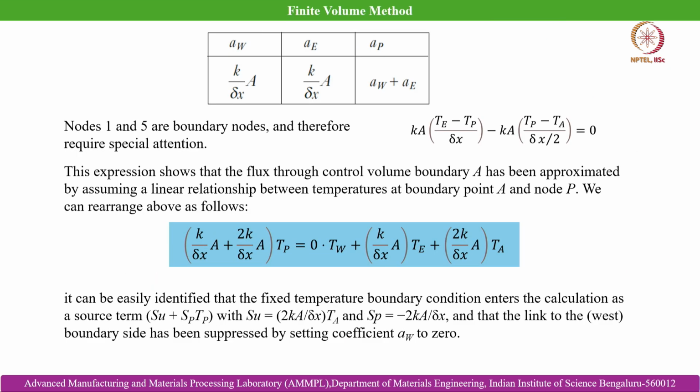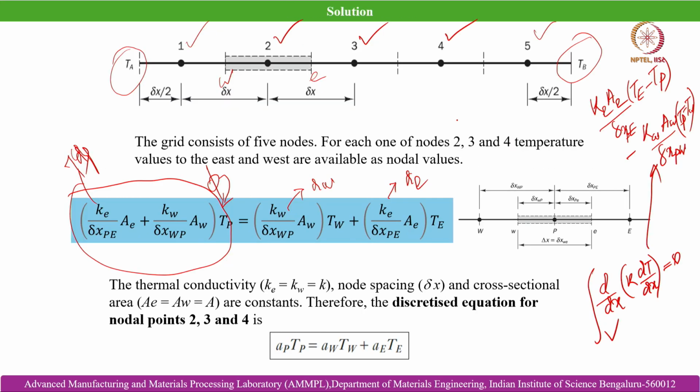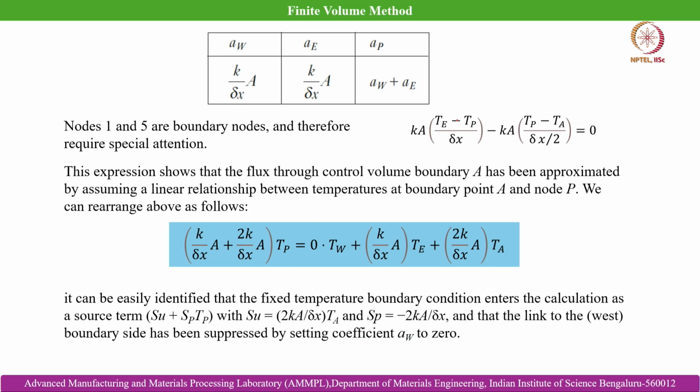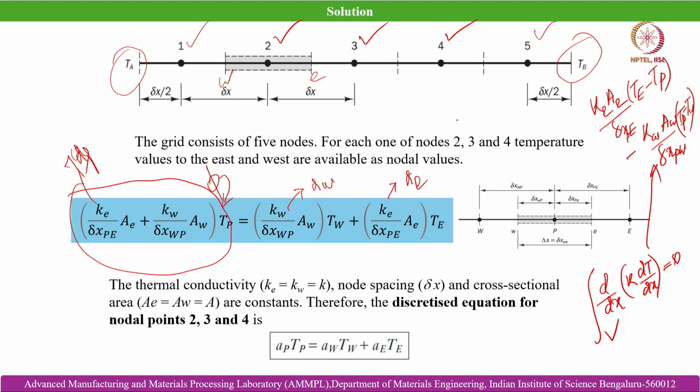That is designated here as TE minus TP, where TP is the node of interest. That means, in case of node 1, it is K times T2 minus T1 divided by delta x, minus K times T1 minus TA divided by delta x by 2, which is the distance shown between the boundary and node 1.